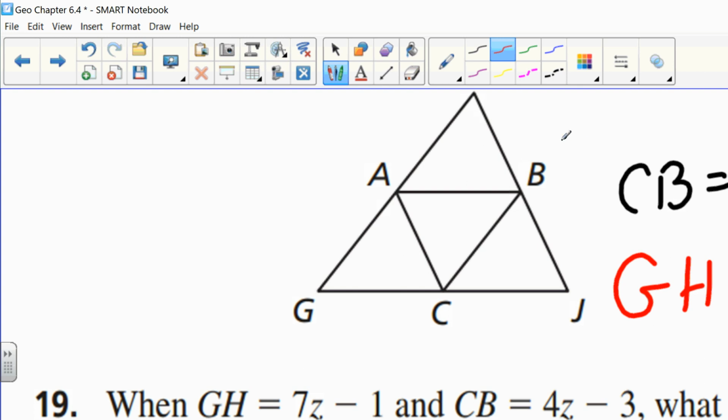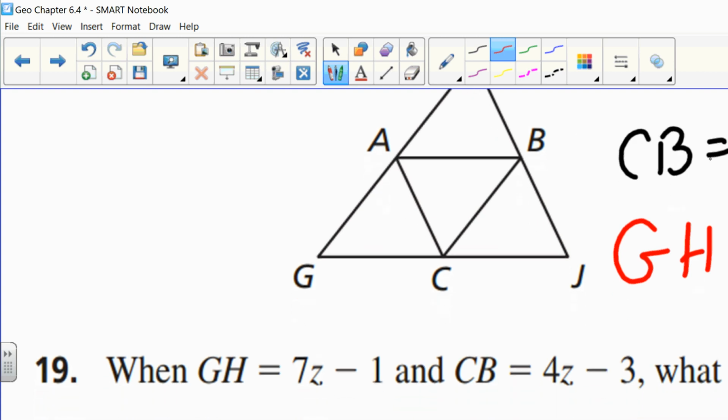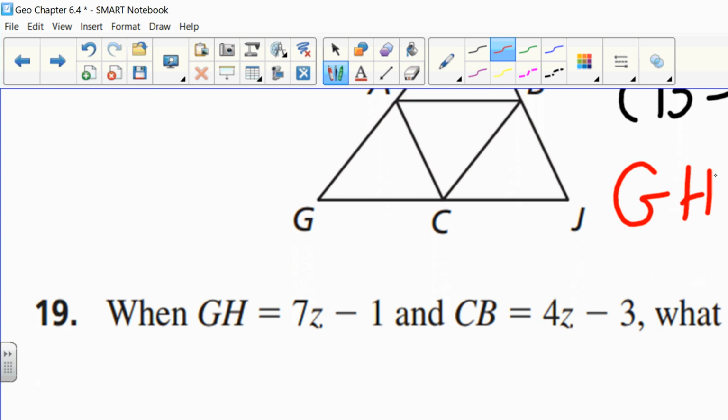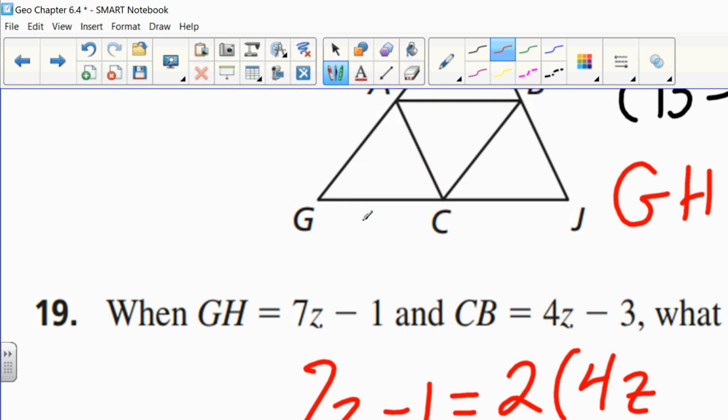Wait a minute. Does this deal with having to divide anything by 2? So would it work better with this one here? Well, yeah. So what we could say this time is that 7z minus 1 is equal to 2 times 4z minus 3.